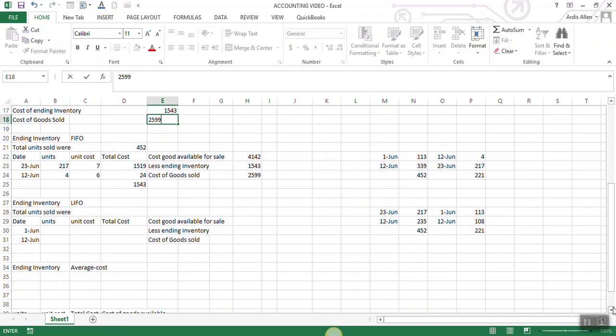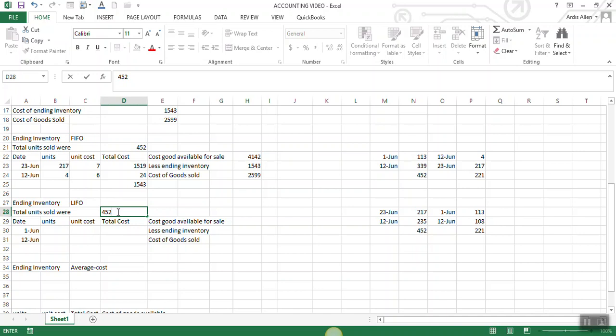Now we're going to be doing the ending inventory and the cost of goods sold for LIFO. LIFO is the exact opposite of FIFO. LIFO is last in, first out. So the last items that were purchased would be the first items sold.